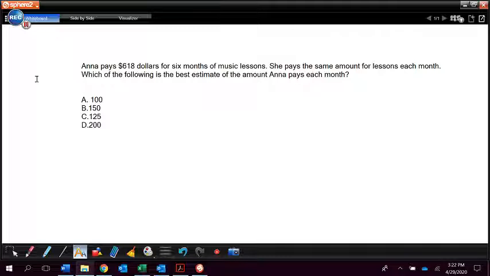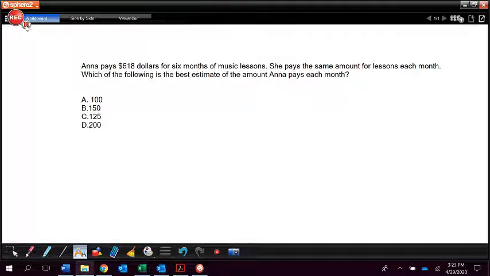For this one, I actually wrote down answer choices, because since you can estimate different ways, it's best if I provided the answers so that as we work on it and we find the answer, we can know which is the best amount that fits our answer. So go ahead and write this on your paper.